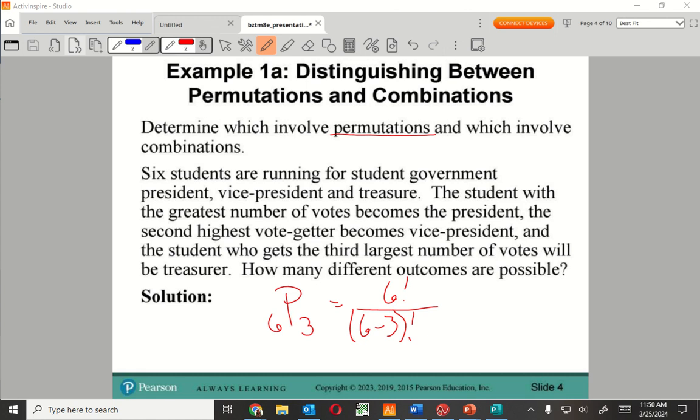Parentheses matter, especially when you're putting it in the calculator. I know everyone's putting it in the NumWorks right now. There you go. 120. Is that pretty easy? Okay. So you're going to have to read through and actually decide, is it a permutation or combination?